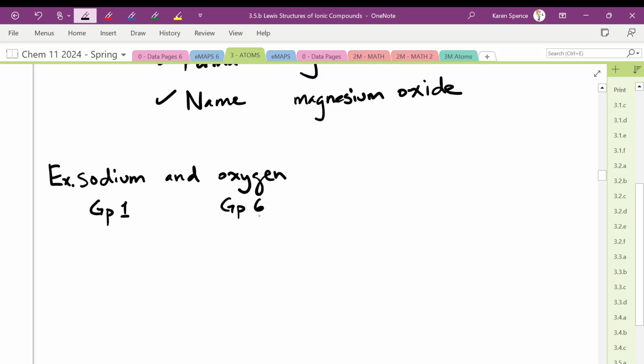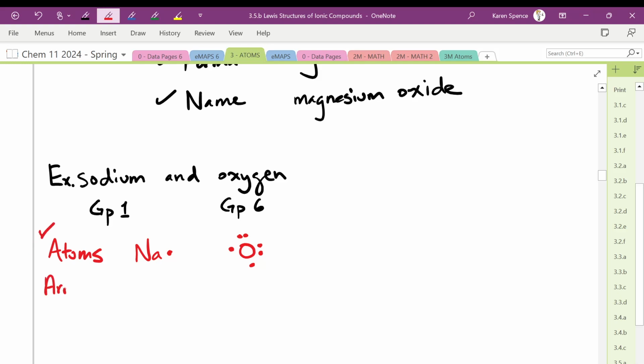What's the first thing you draw for ionic compounds? Atoms. How many electrons on sodium? 1. How many electrons on oxygen? 6. 1, 2, 3, 4, 5, 6. Atoms are done.